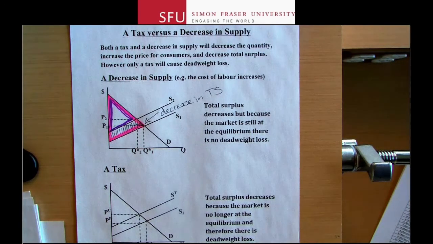Now, people are worse off, but it's for a different reason. People are worse off because the costs have gone up. So let's say I want to buy from you and you want to sell, but now your cost has gone up. So let's say I'm willing to pay $10. You were willing to sell because your cost was, say, only 8, but now your cost is 12.